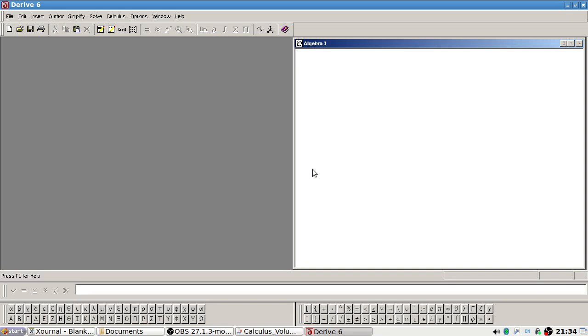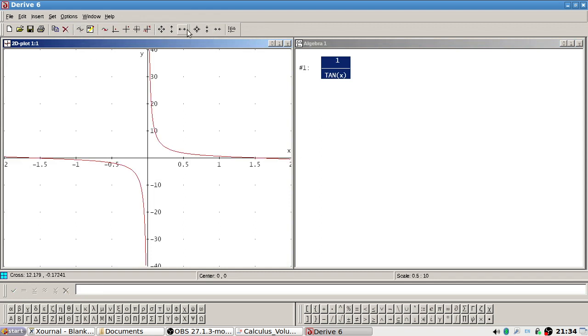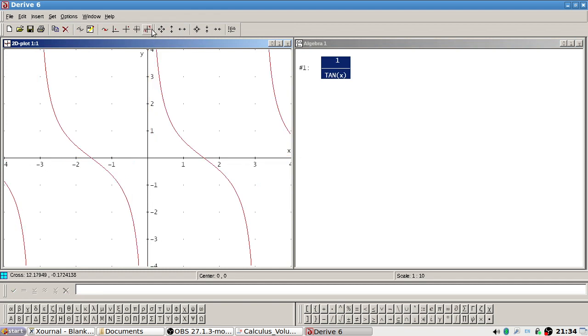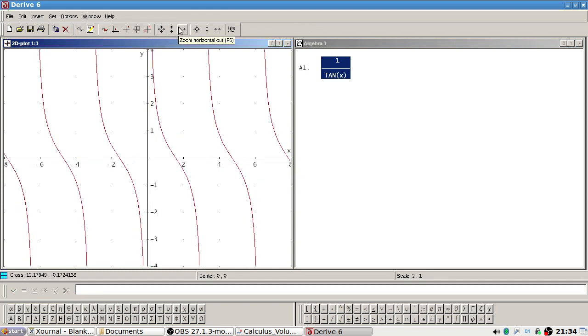No, I'm not sure. Okay, 1 over tan x. Let's graph that. And I want to go up to about 6. Okay, then the line y equals minus 2x. Let's graph that. Okay, there it is. And then let's make our tangents.